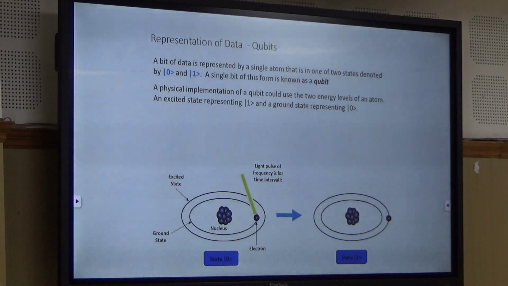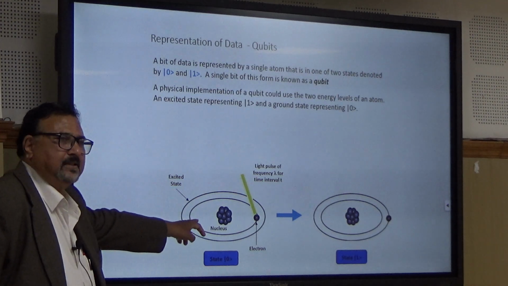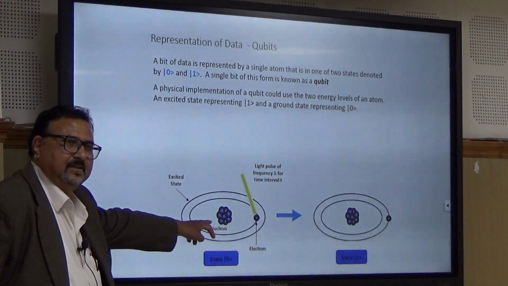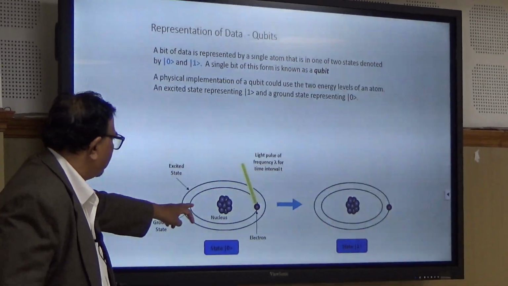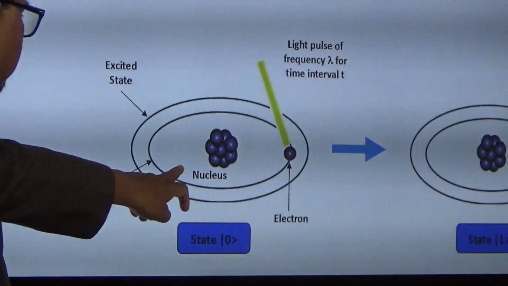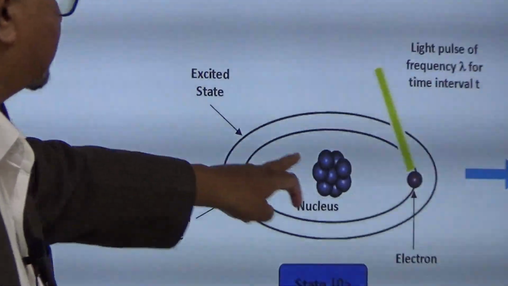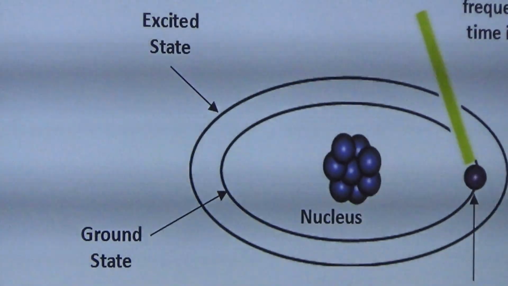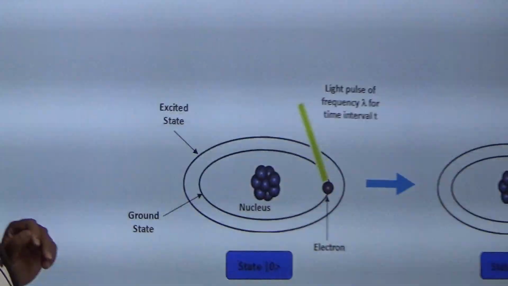I will tell you. Because you see here, this is a universe where we have the electron and this is the excitation, where the electron is moving. Now what is the possibility?